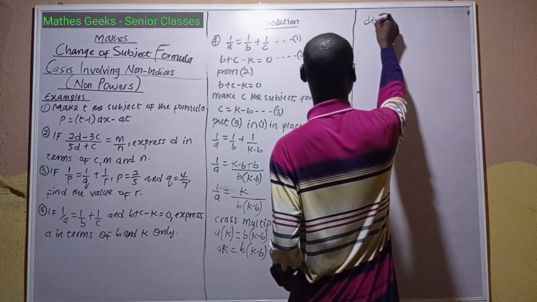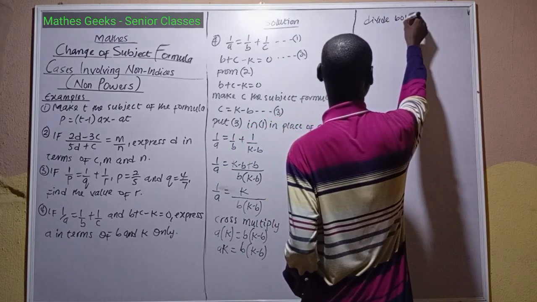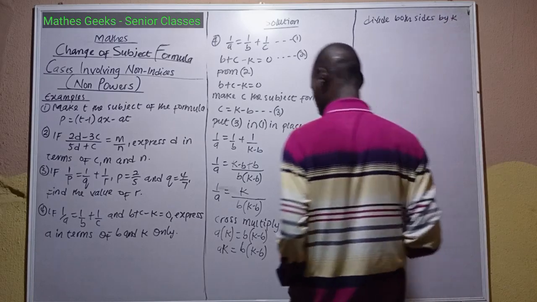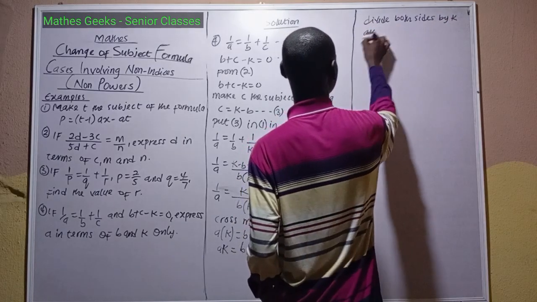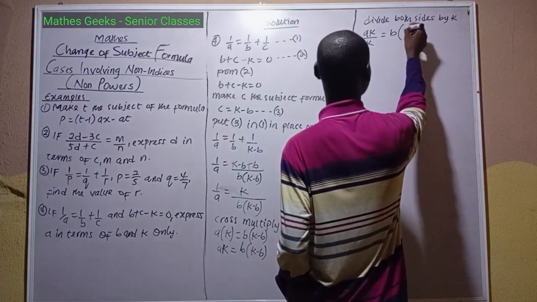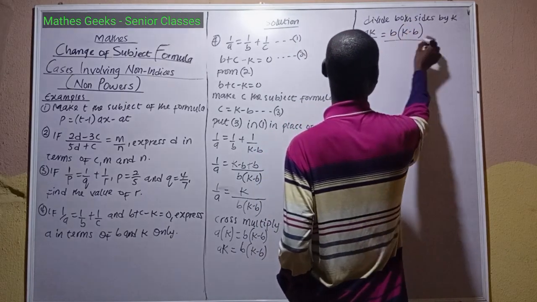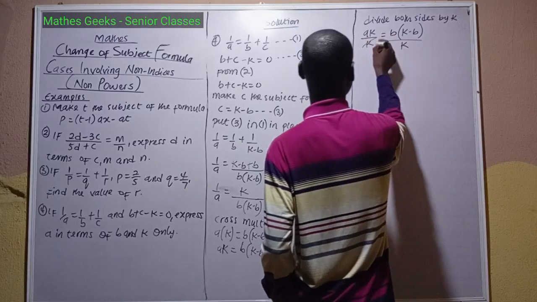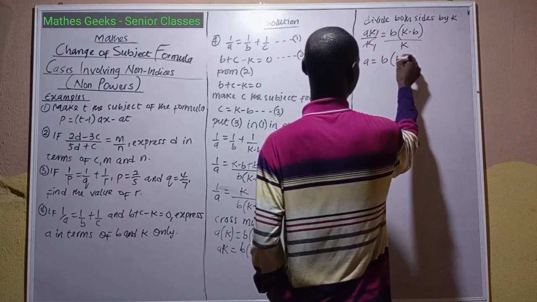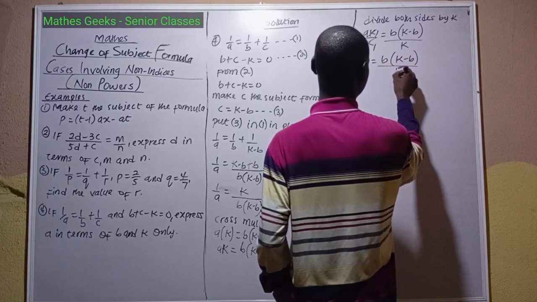So let's divide both sides by K. So A K over K equals B times K minus B over K, A1 K1. A is equal to B times K minus B over K.